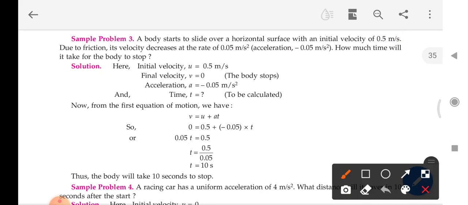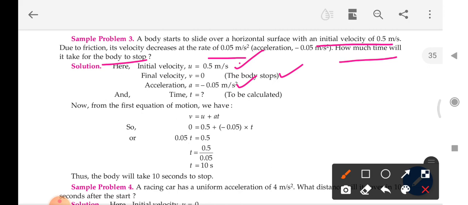First see the given values. The initial velocity is 0.5 meter per second, and final velocity 0 because the body stops. And acceleration 0.05 meter per second square, and you have to calculate time.